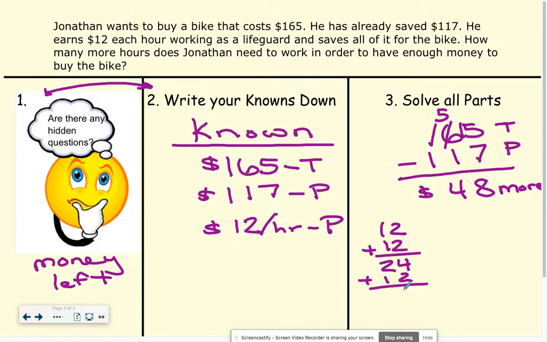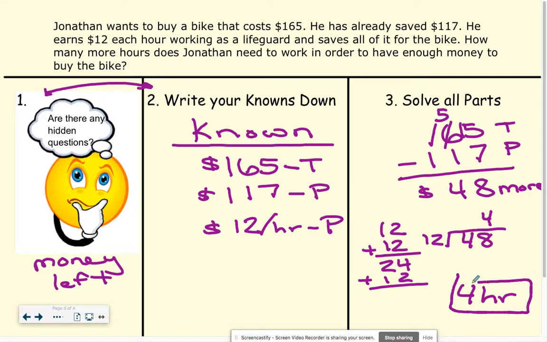Or because you're a fourth grader, you should know your multiples of 12. If you did 48 divided by 12, you should know that that is 4. So he needs to work 4 more hours in order to save up and have enough money for this bike.